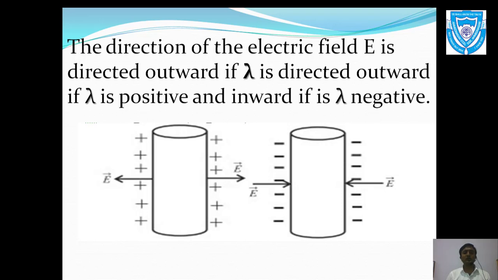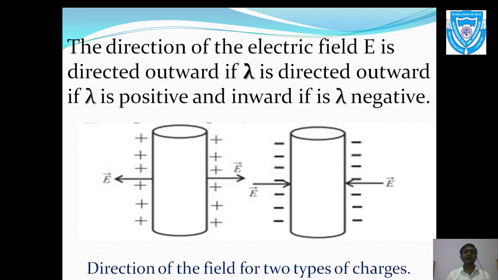But if we have a cylinder or infinitely long wire which is negatively charged, then the electric field will be inwards. Direction of the field for two types of charges: first for positive, second for negative. For positive it will be outwards, for negative it will be inwards.